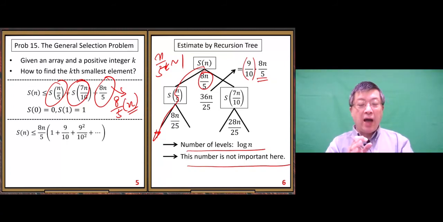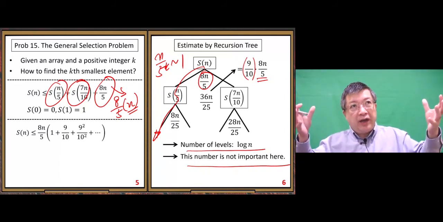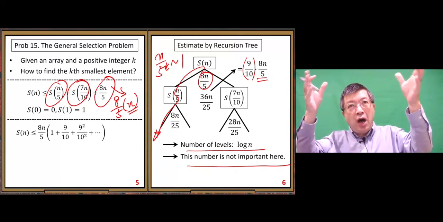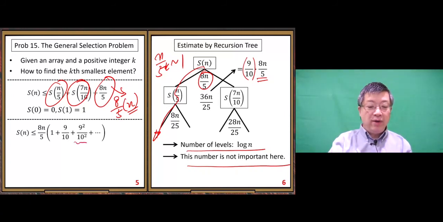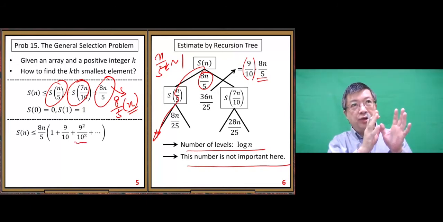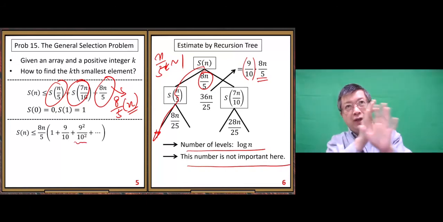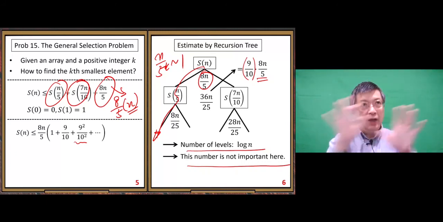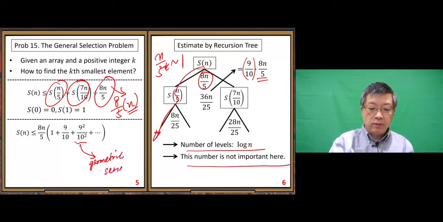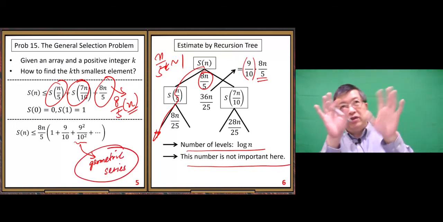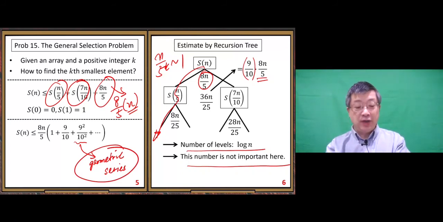Now, let us collect all the non-recursion cost of all the levels. Each level, remember, we multiply the common ratio, 9/10. Every term, we multiply that common ratio. So we get a geometric series. Recall from your discrete math, geometric series, but it is an infinite geometric series.